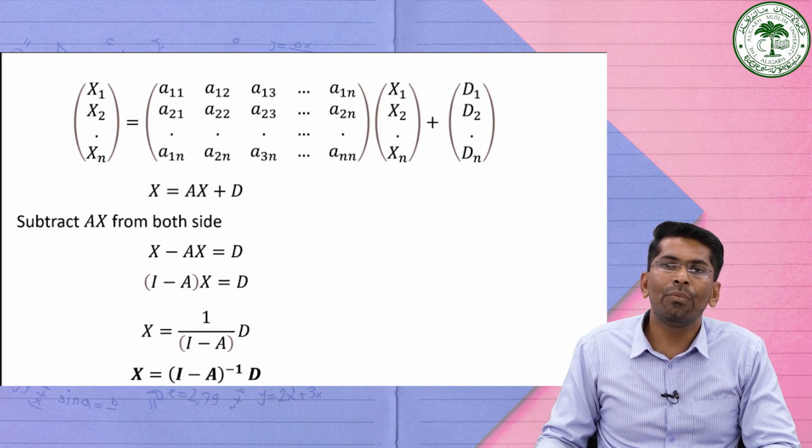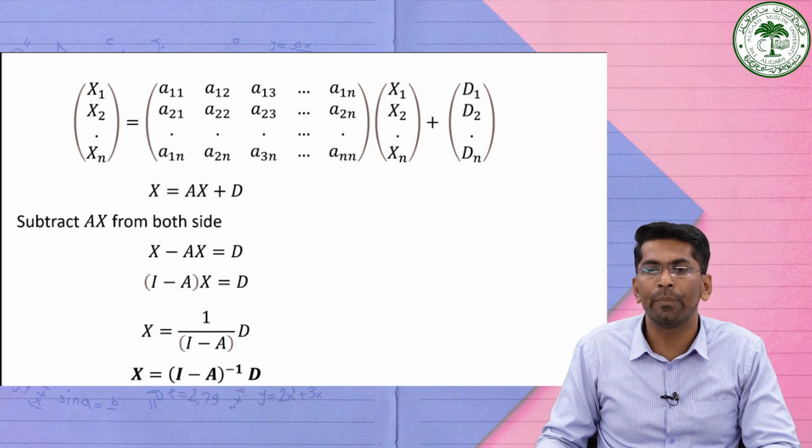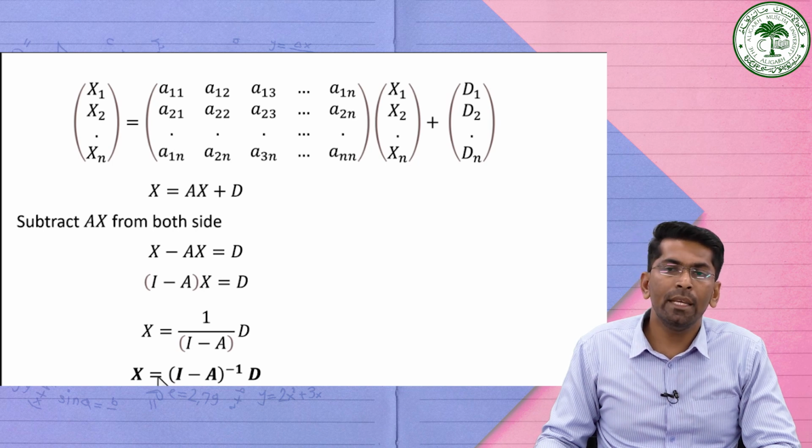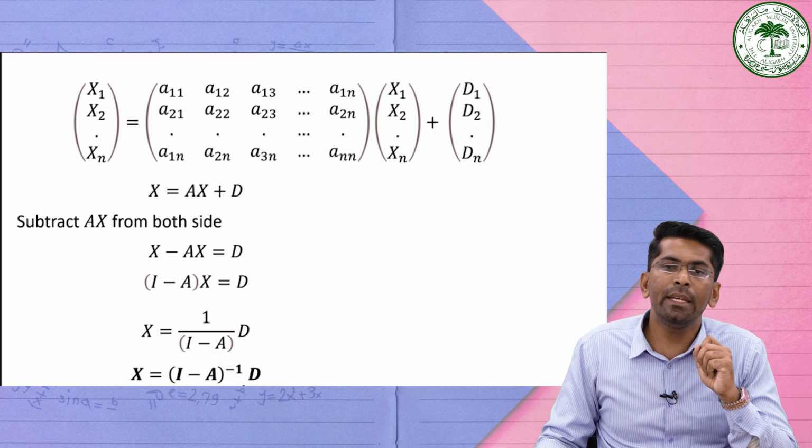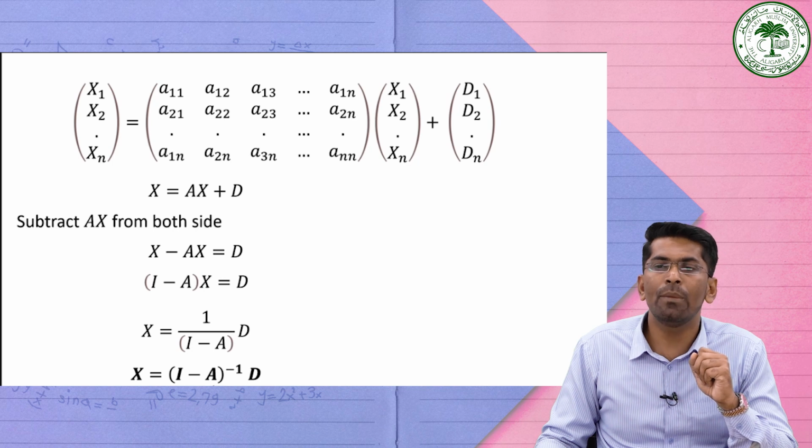So we are going to find the inverse of a given matrix, that is the identity matrix minus the coefficient matrix, inverse, into D, that is the final demand vector, in order to find the output of the concerned sector. Here X is the output of the various sectors, D is the final demand vector, I is the identity matrix, and A is the coefficient matrix.